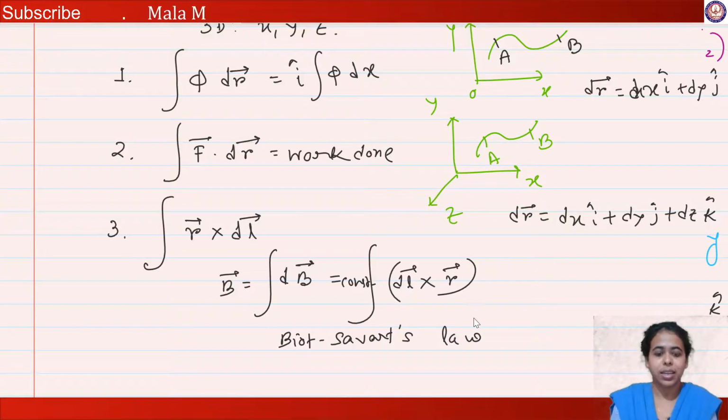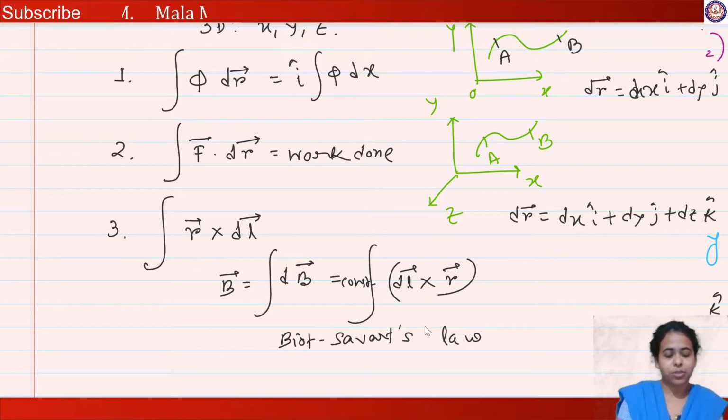So you see that the three types of line integration can occur in vector calculus. First one is any scalar field can be integrated with respect to some vector path. Second one is any vector function can be integrated with the dot product of the line path. And the third one, any vector function, the cross product with the path.